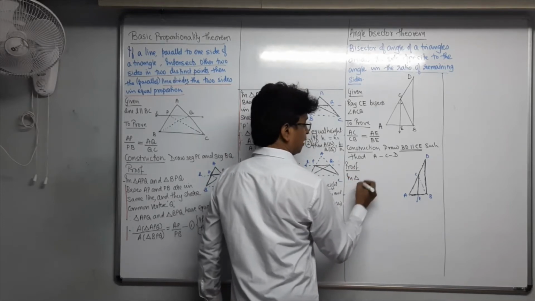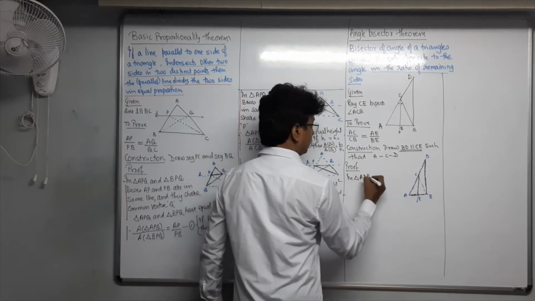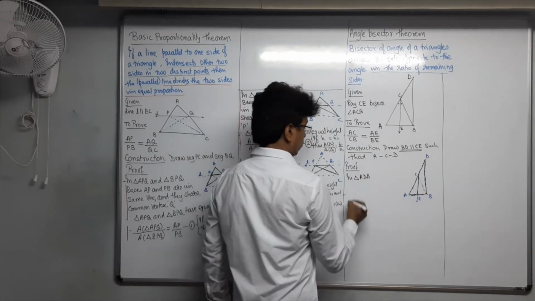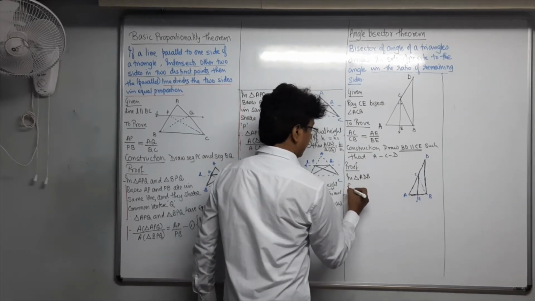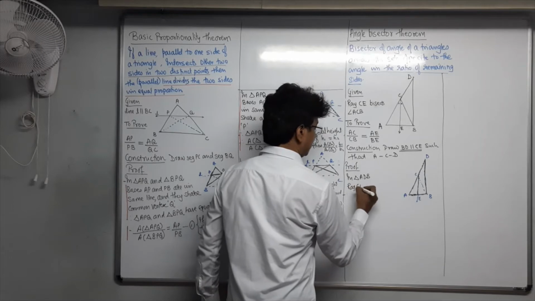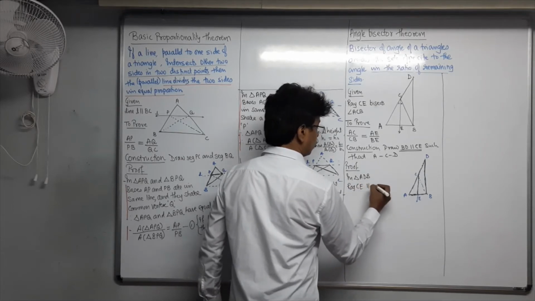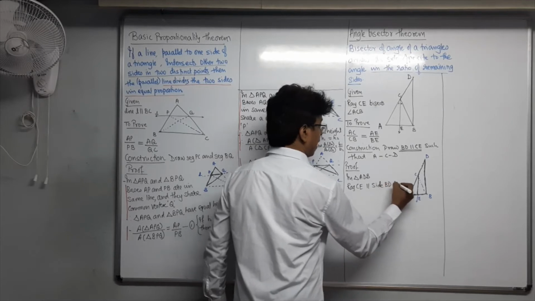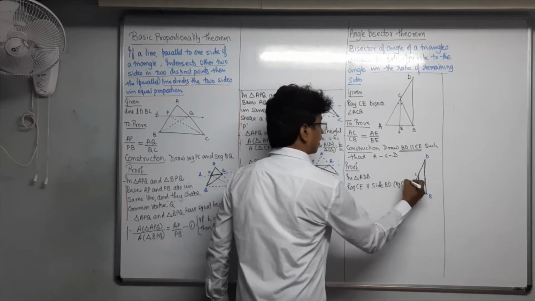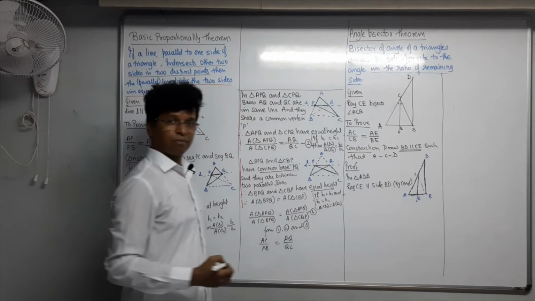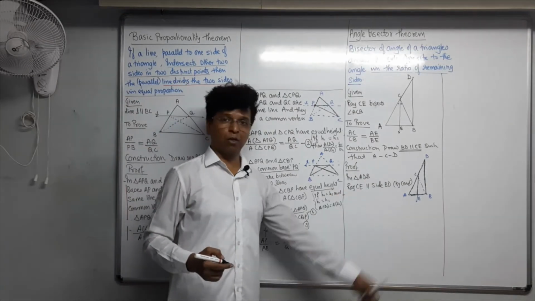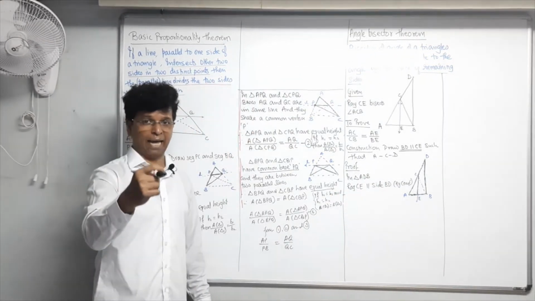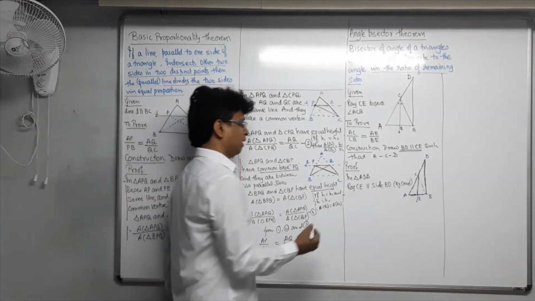In triangle ADB, what have I got? Ray CE is parallel to side BD. This is by construction, right? CE is parallel to BD. So you have shown that a line is parallel to a side of a triangle.